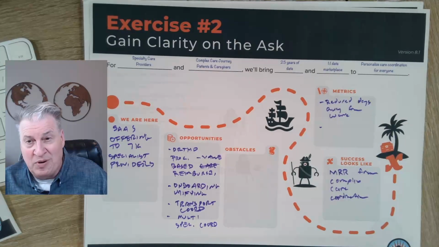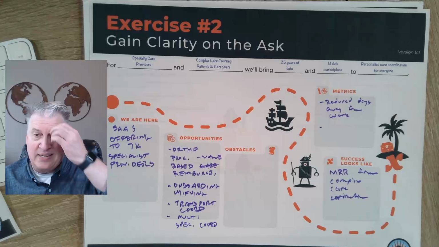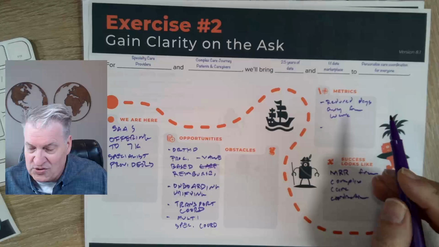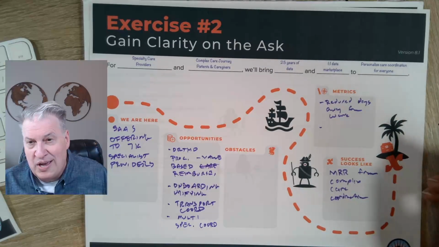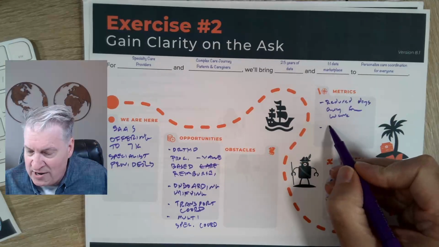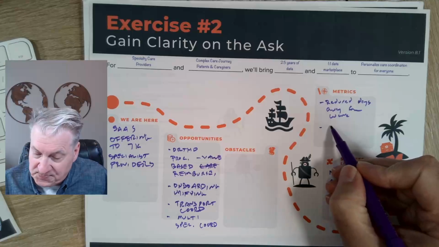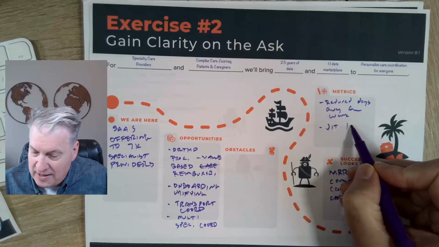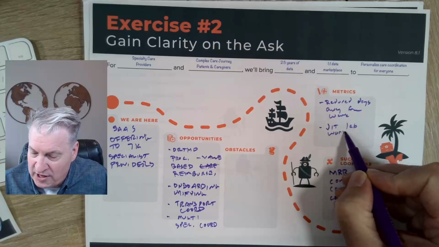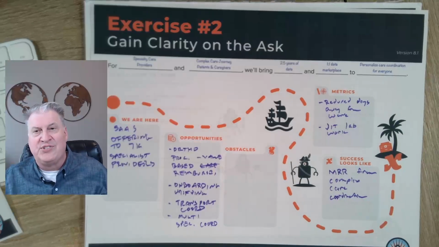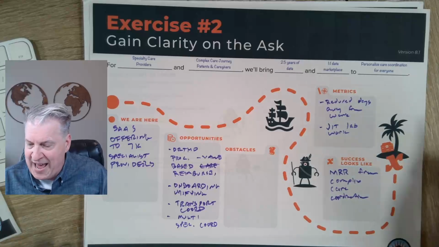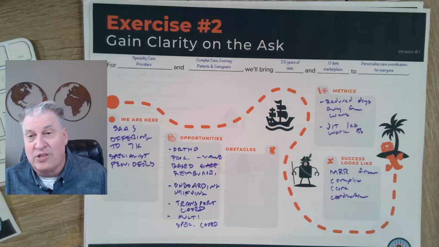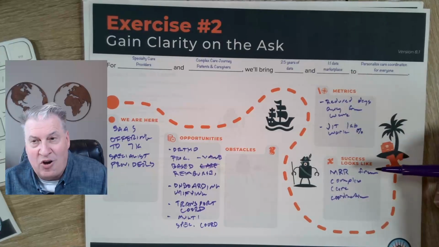Payers would start paying attention to that, especially self-funded payers. Somebody else might say, well, what we really need is just-in-time lab work. So lab work that gets done just in time before a visit so that it's all coordinated so that everybody has all of that. And so the percentage of the lab work that's delivered just in time. And so you're going to find out all of these things.